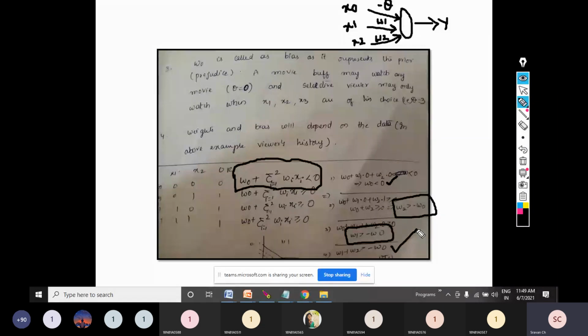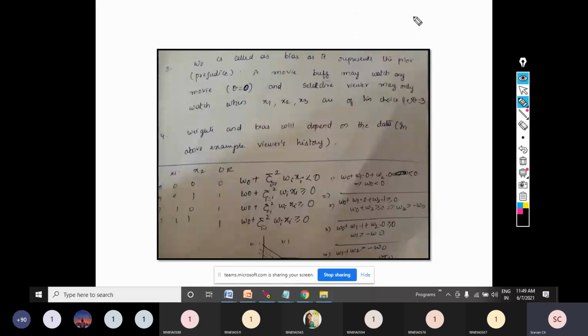So initially, in the beginning of the perceptron, I have to decide some w naught value, some w1 value, some w2 value. So randomly we will take the values, but when I take the values randomly, I should make sure that the relationship between w1, w2 and w naught is maintained.